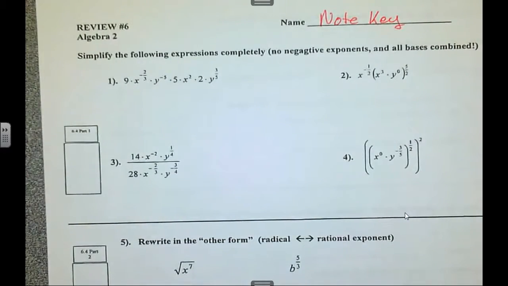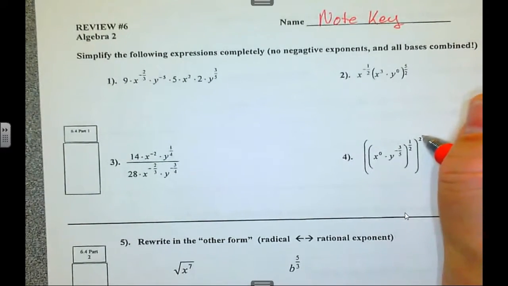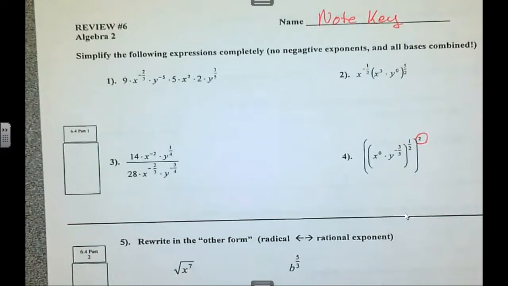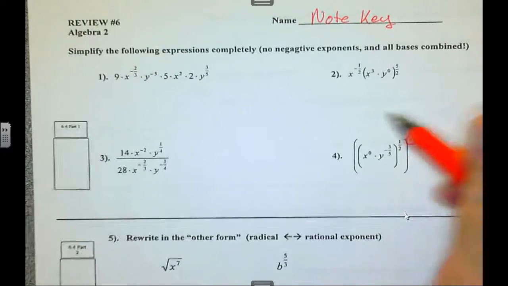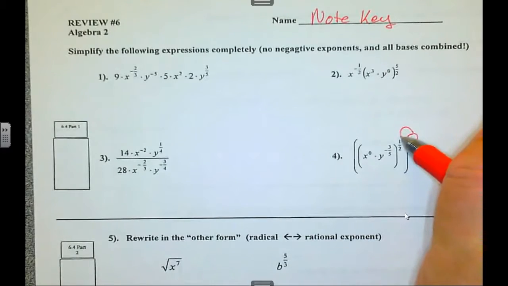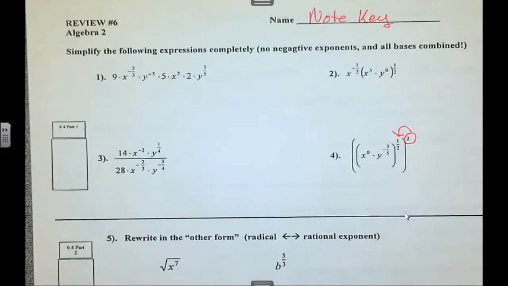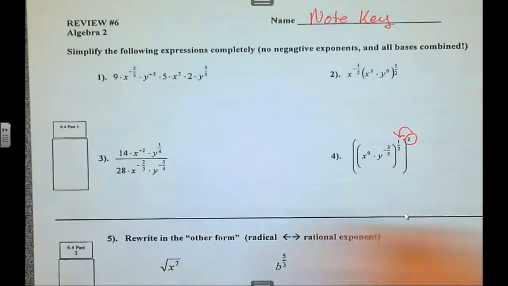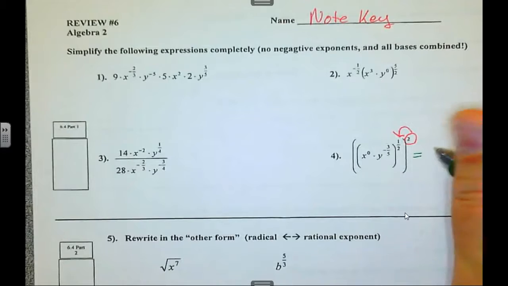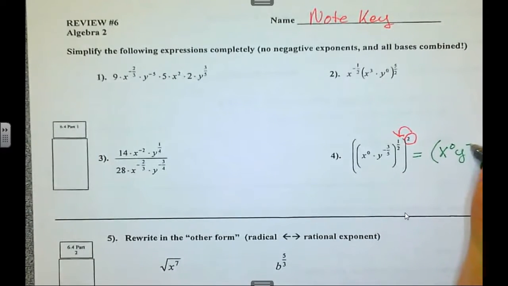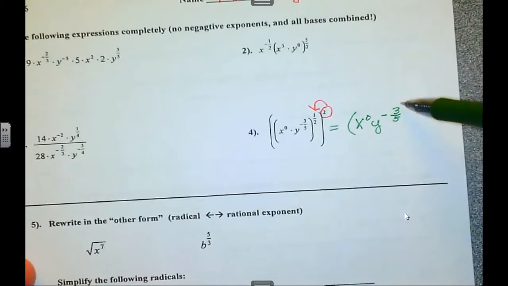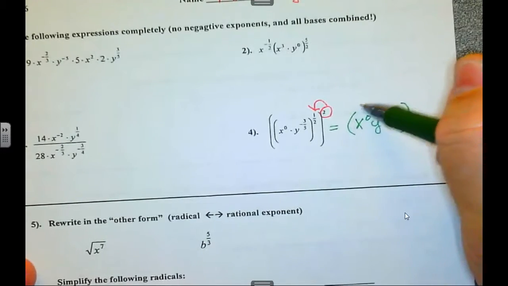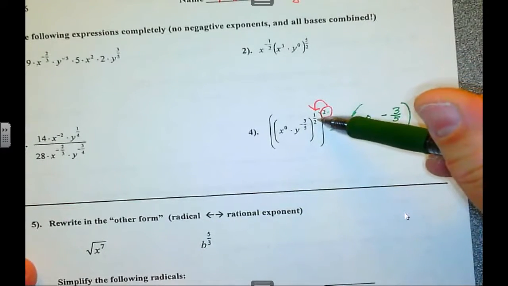Number 4, I have an exponent outside parentheses. So I'm going to multiply to that exponent first. So I get all of this stuff inside. I get x to the 0, y to the negative 3/5 raised 2 times 1/2.